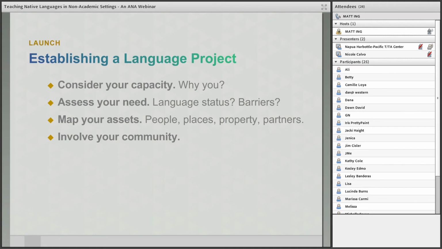How many native speakers do you have? And just because people are native speakers, it doesn't mean that they are comfortable teaching the language. They may be comfortable sharing it and doing it in a conversational type of situation, but they might not be comfortable in breaking down the language in parts necessary for students to be able to digest.